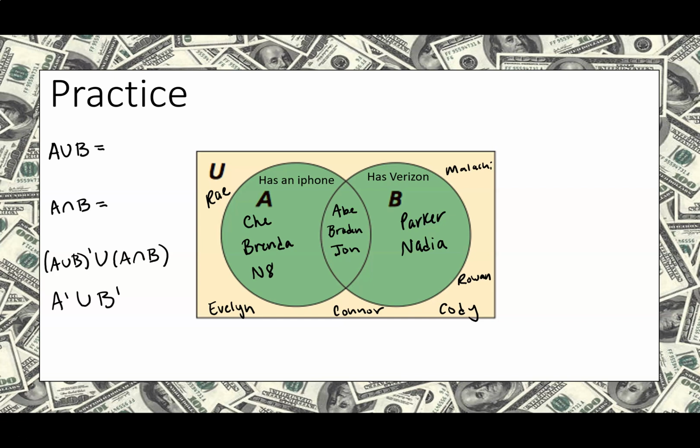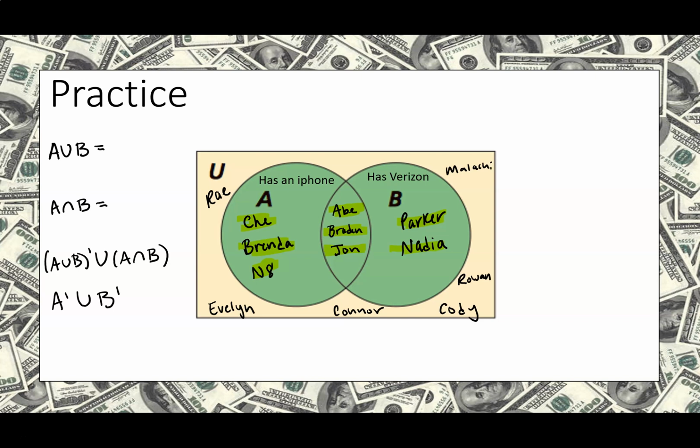All right, you're back. Let's make sure that you're getting this right. So the first one is A union B. So you should have said Che, Brenda, Nate, Abe, Braden, John, Parker, and Nadia, because those are all in A and B and both.